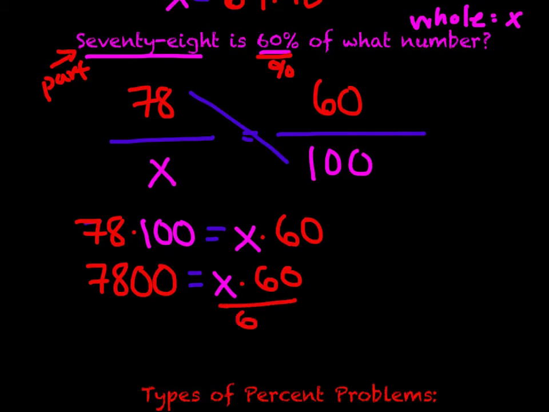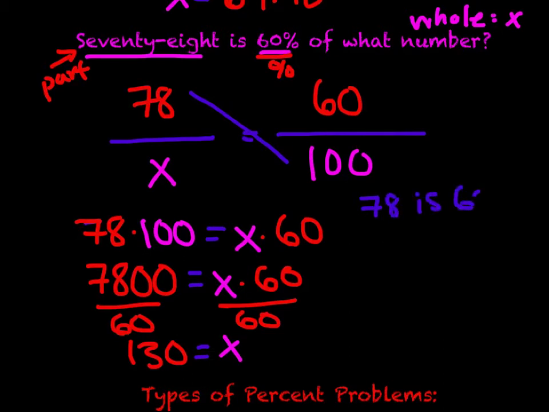So we can then divide by 60 on both sides, and we end up getting 130 is equal to x. So our final answer for this particular problem is 78 is 60% of 130.